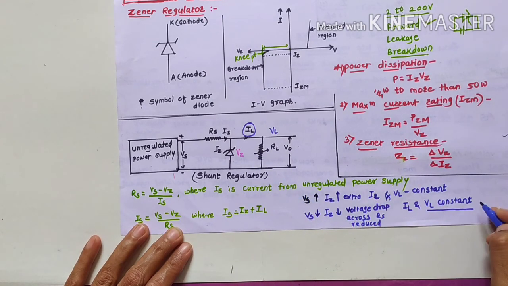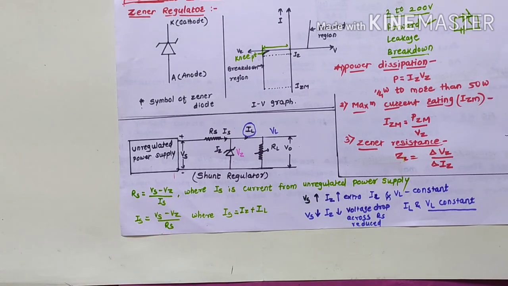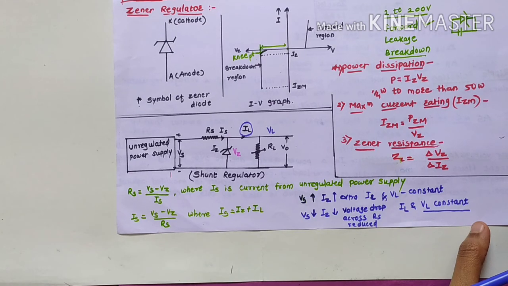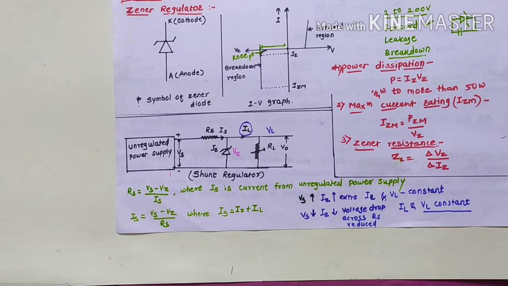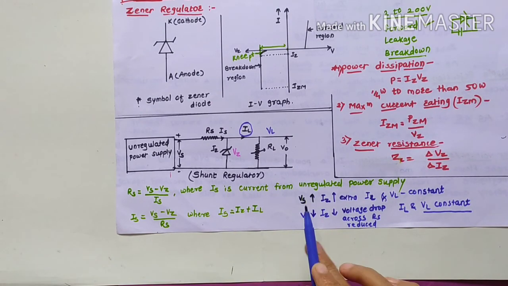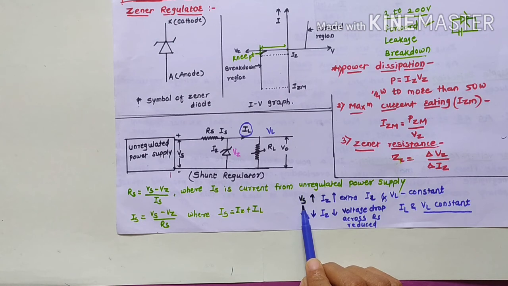Okay students, in this way today we have learnt about the voltage regulator using Zener diode, or Zener as a voltage regulator. This is the part about change in the input voltage, that is, supply voltage variation.